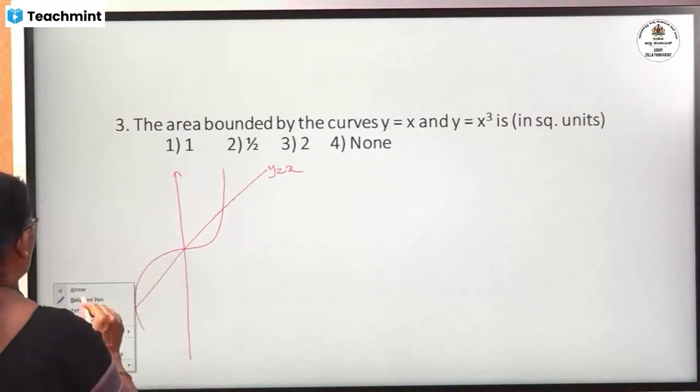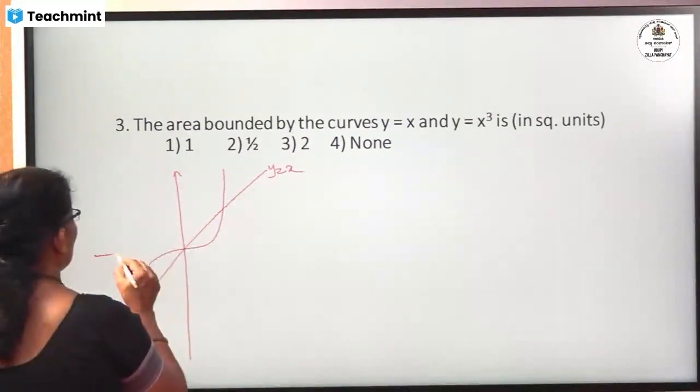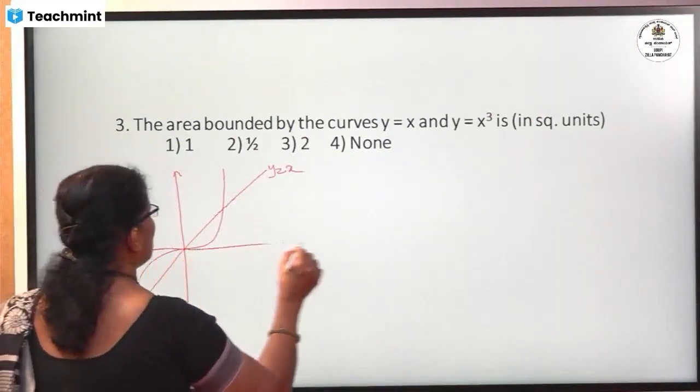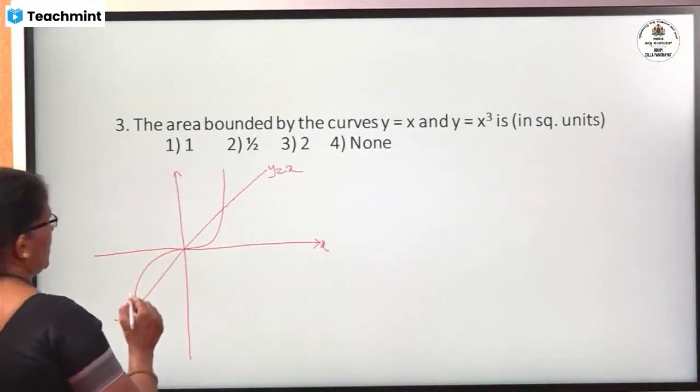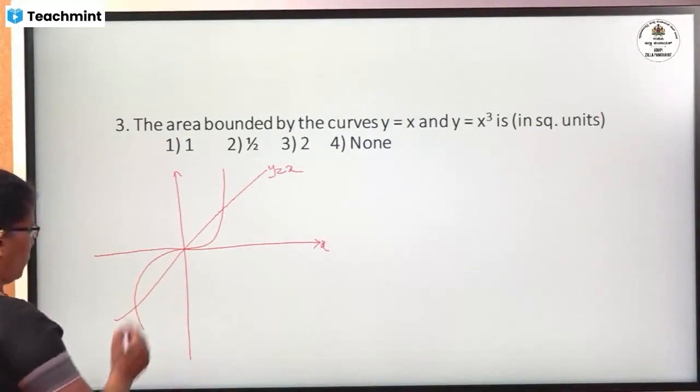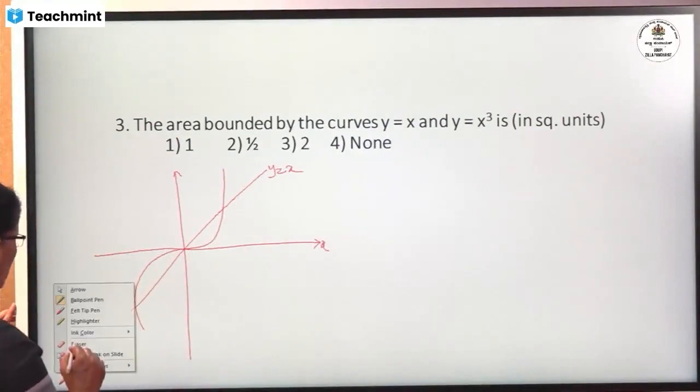So this is the x-axis. Can you see that although the way I have drawn it is not looking symmetric, let me draw it once again.